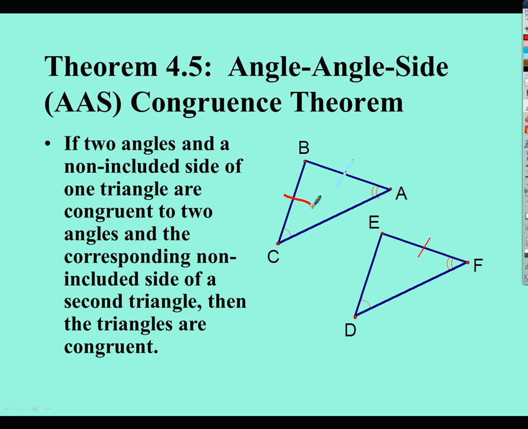You see, I've got two angles and an included side, and a non-included side, but this time the non-included side is next to the single arc angle, right? This one down here, this non-included side is adjacent to the double arc angle, right? So they're not in the same spots, and so that would not work, okay?